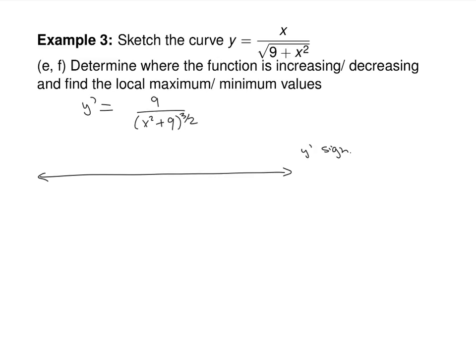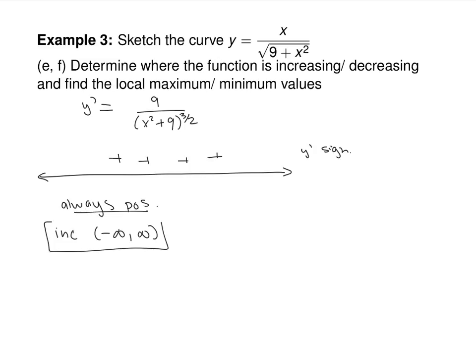There's no places this is 0, right? There's no places this is undefined, right? What is the sign of this thing always going to be? It's always positive. So, we have this function is increasing on negative infinity to infinity.